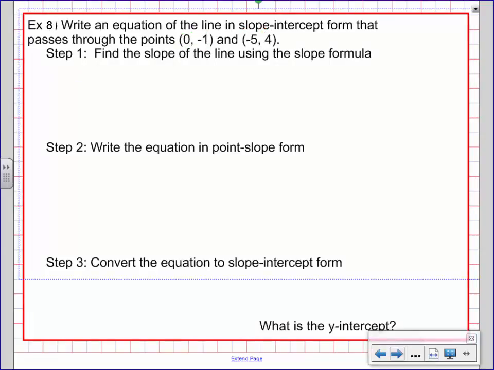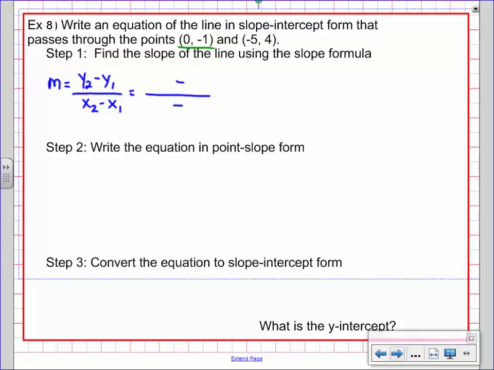Write an equation of the line in slope-intercept form that passes through the points (0, -1) and (-5, 4). So just like before, we find the slope of the line using the slope formula. So our slope formula, y2 minus y1 over x2 minus x1. And so we're going to think about our form and plug in the points we know.